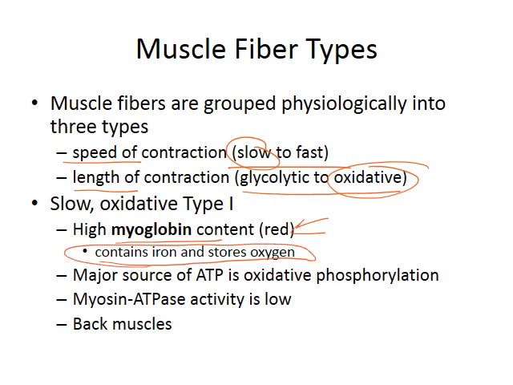All right. Your ATP for slow oxidative type 1 is from oxidative phosphorylation, which, if you remember from your other courses, is how ATP is produced in all your cells. The myosin ATPase activity is low, so it's not going to cause very fast contractions, but they'll be long. And these are going to be in your back muscles primarily for stabilization.